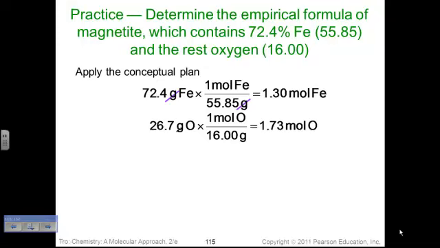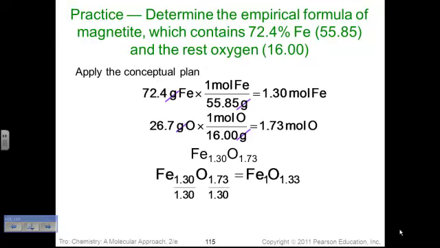What's the smaller of those two values? The 1.3. So when we divide each by 1.3, we're working to find our whole number ratio. We can't leave it with decimals, so we divide each. And this one gives us a ratio of 1 to 1.33. What's that 0.33 repeating? What is that fraction?